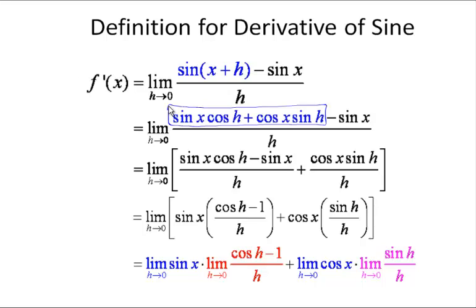Here's the beauty part of derivatives of trig functions. You are never asked to develop the derivative of sine from the definition of the derivative. Once we go through from the definition and find out what the derivative of sine is, you just memorize that if f of x equals the sine of x, then f prime of x equals what we're about to develop here.